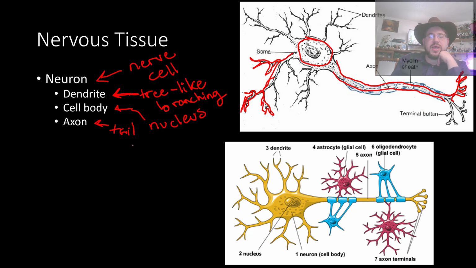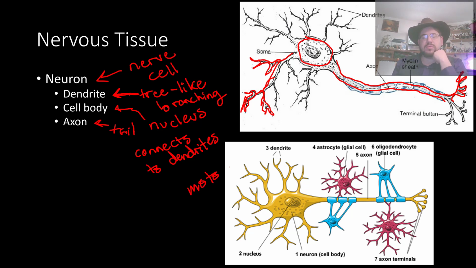And the axon connects to dendrites. It can also, in some specific cells, like motor neurons, the axon connects to the muscle. Right? So axon to muscle.